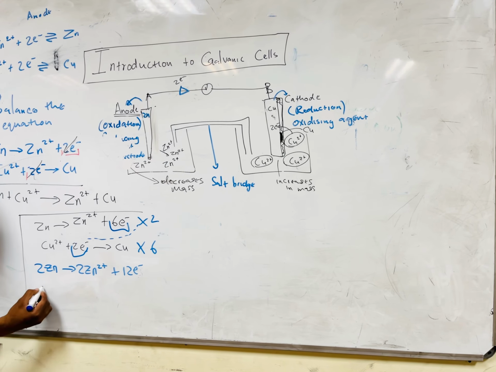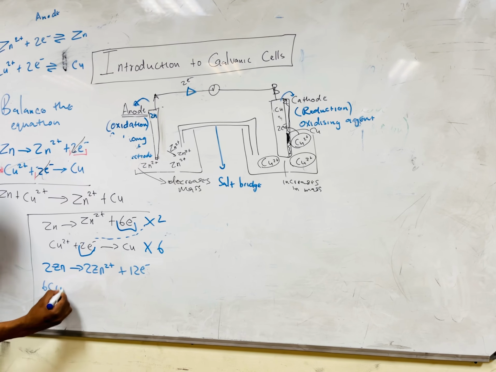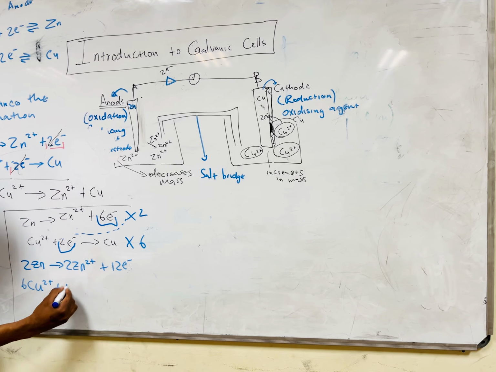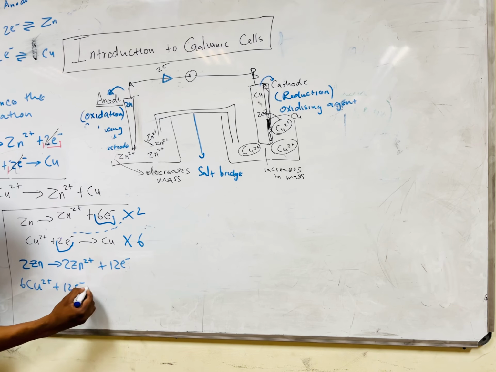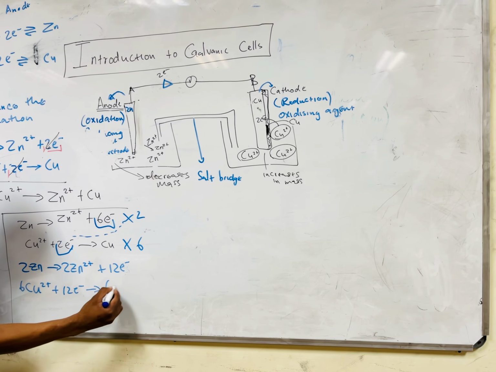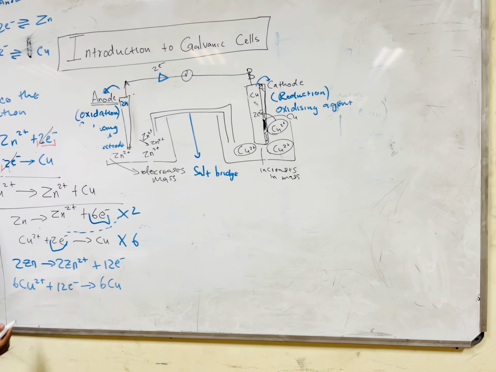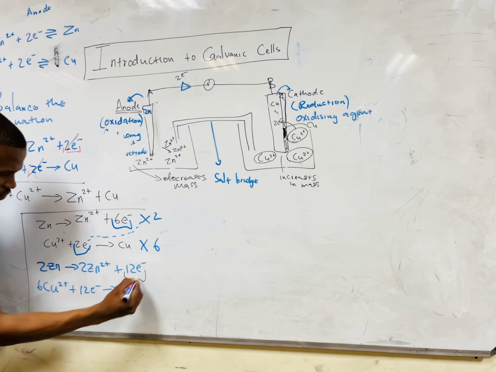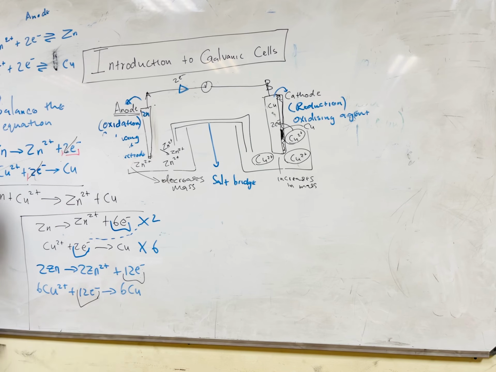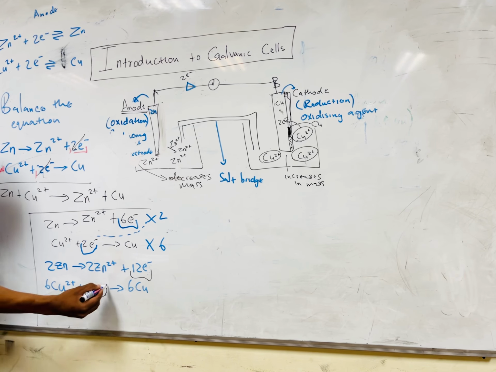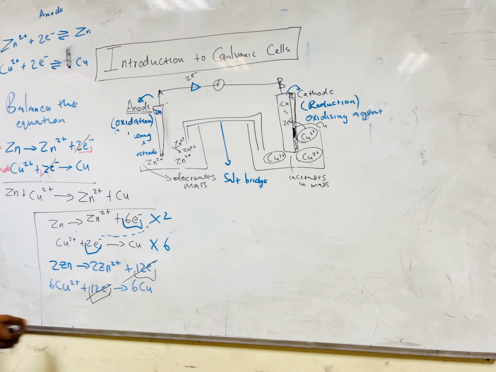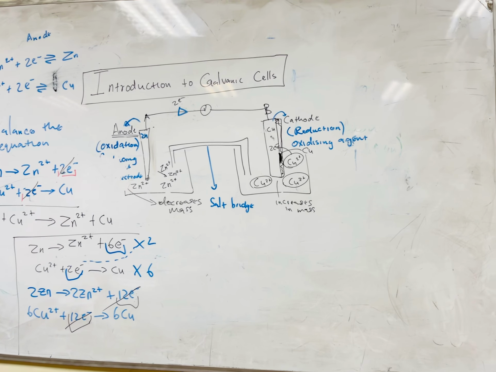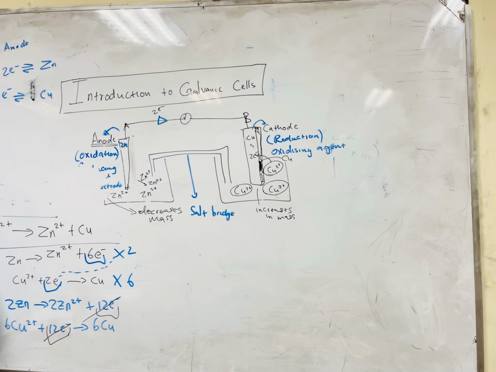We go to the second equation, we have 6Cu2+ plus 12e⁻, which equals 6Cu. You see the electrons now balance. I see 12 electrons on this side and 12 electrons on this side. This is how we balance the electrons. Then you cancel and you write your final answer.